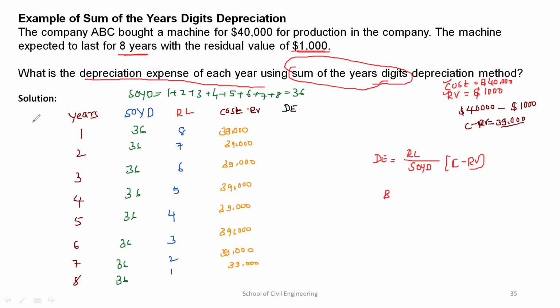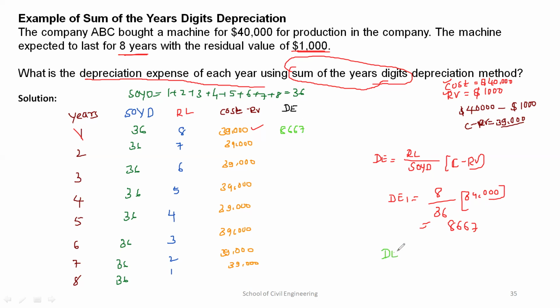The remaining life is 8 years, sum of year digits is 36, multiplied by cost minus residual value, 39,000. How much will you get? 8,667 rupees, right? 8,667.